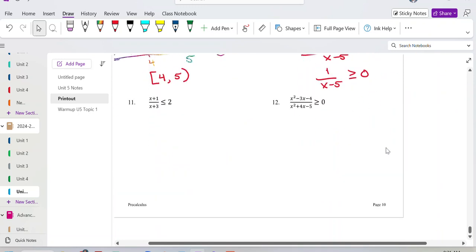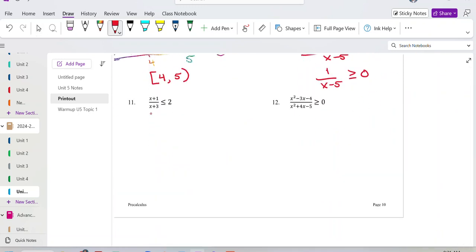All right, so there's 2 more here. So let's move the 2 over now, and then get a common denominator. So now we have to multiply x plus 3 over x plus 3, the numerator, by 2.